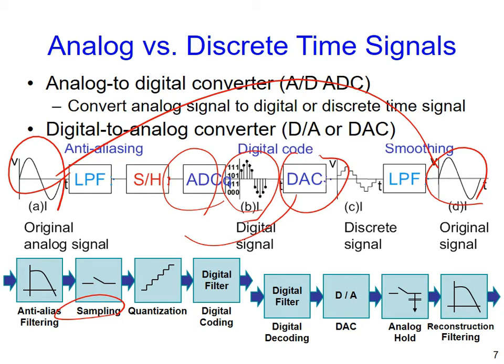But how many samples do you need to get from the original signal? So I'm talking about the sampling rate. How much sampling rate do you need for any kind of signal? I think most of the students here already know the result.